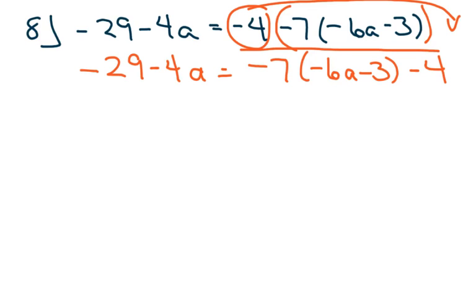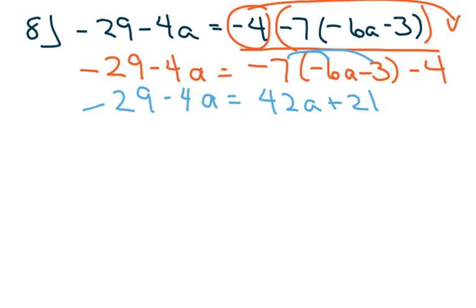It just looks better. I'm going to go ahead and distribute. So I'm going to copy him down and distribute here. So I get 42a plus 21 minus 4. And copy it down again.